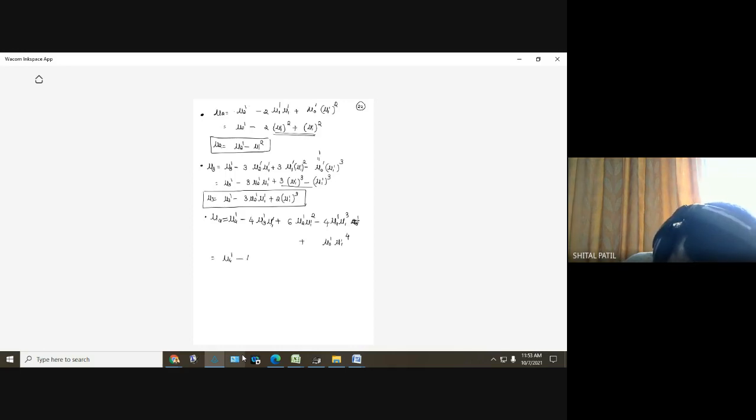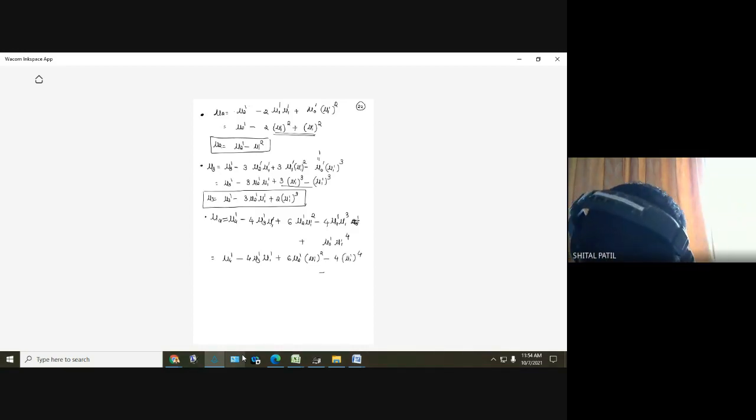Mu4 dash minus 4 mu3 dash mu1 dash plus 6 mu2 dash mu1 dash square minus 4 mu1 dash raised to 4 plus mu1 dash raised to 4. Last two terms are same, just add them.